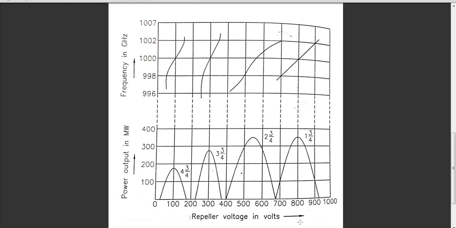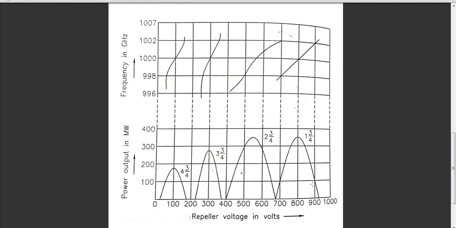Here also we see for n equals 1, this is the mode area. This is for n equals 2, and for n equals 3, as a function of repeller voltage, the output power is shown by these lobes. These are the lobes.